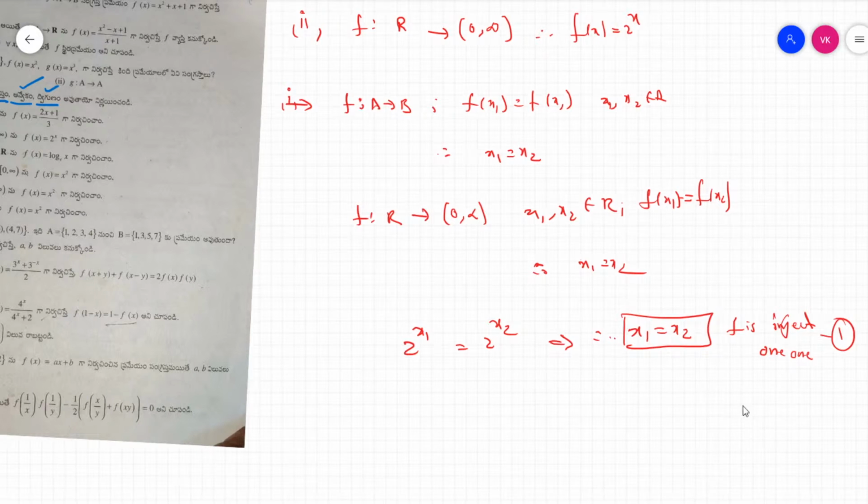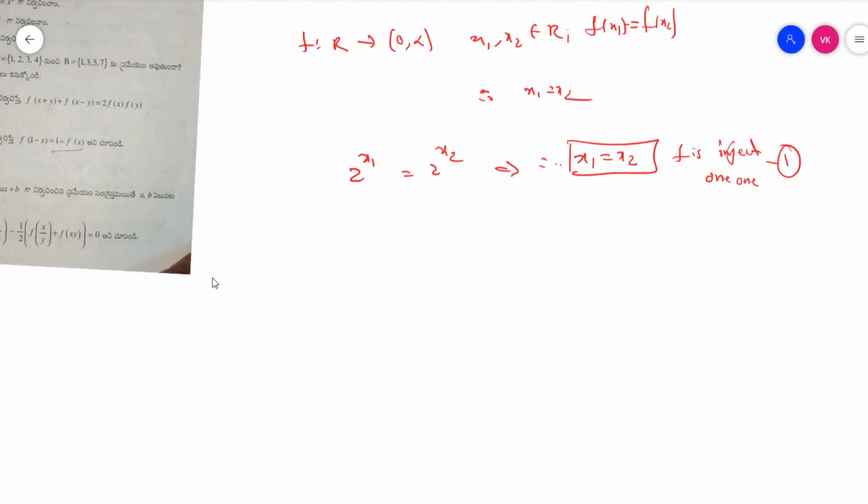Next, we have to prove it by taking f of x is equal to y. Then 2 power of x is equal to y, then x is equal to log y base 2. Then f of x is equal to 2 power of log y base 2.